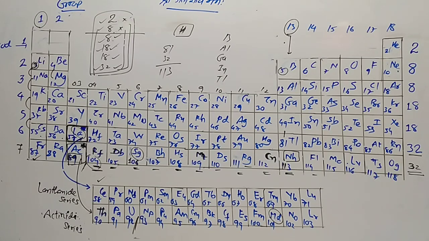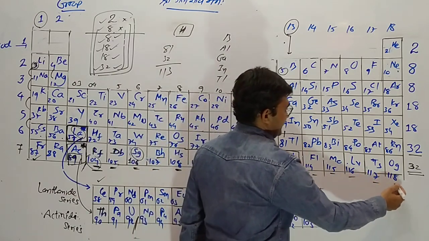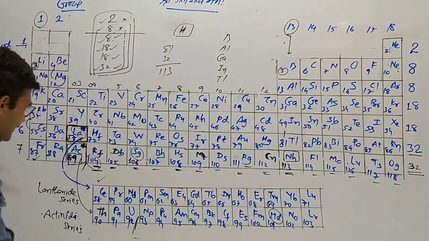Fl means flerovium, listen carefully, and 115, in group number 15, the last element you can see, Mc 115, is moscovium. Then 116, the last member of group number 16, is livermorium, Lv. 117, group number 17's last element, tennessine, and oganesson 118. Understood? The last two digits indicate its place in the periodic table.